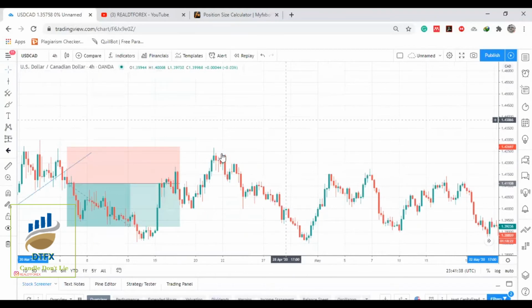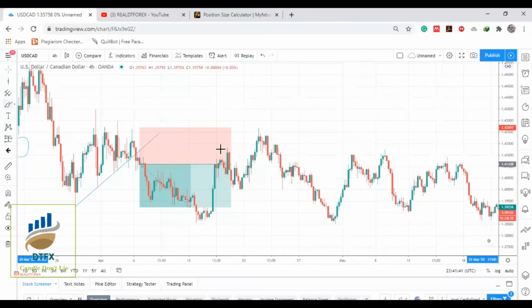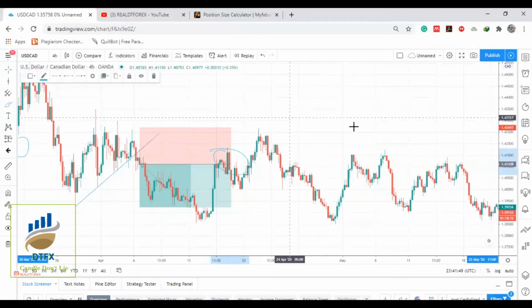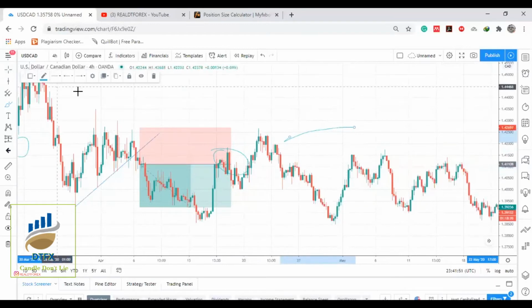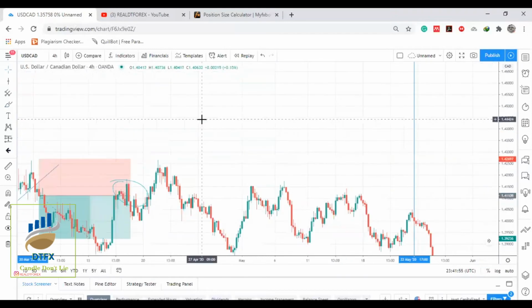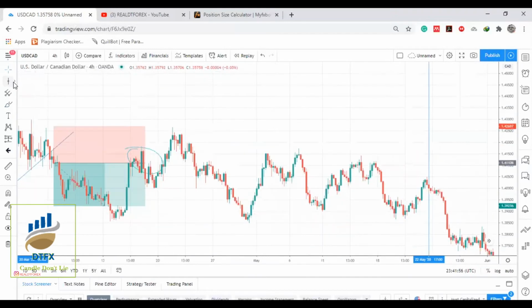Now, what happened here? This structure was broken, so we'll be looking for buys, right? So if we are using counter trend, we'll still use another strategy that I know they used to do, for breakouts.